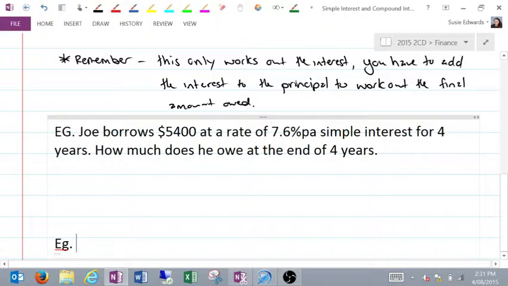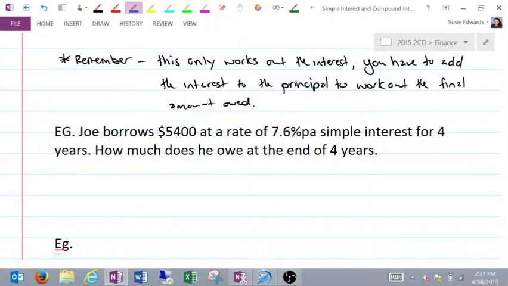Okay, so how do we work it out? What do we do? Good. I equals PRT. Do we know I? No. What's our principal? 5400. Our rate?